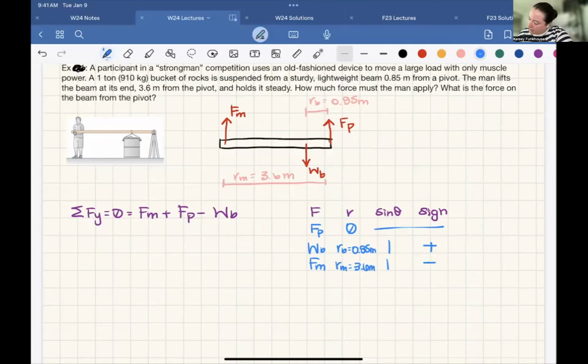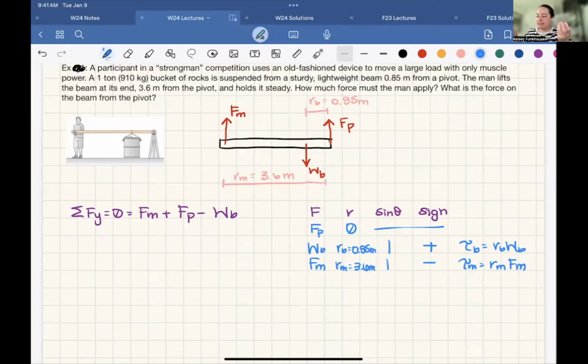Okay, so I don't have a ton of room, but I think I can write my torques here. We'll call this our tau beam. I'm just going to write the variables, not the numbers here. And the man, RM, force man.